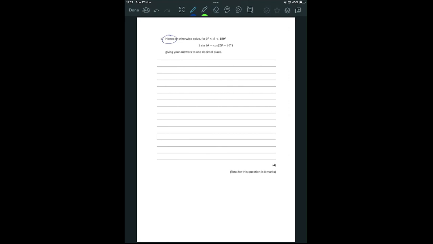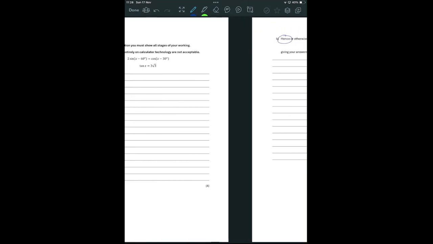Whenever the question says hence, whether you can see it or not immediately, the previous part is helpful. So something about the previous part must be exceptionally helpful for this. The previous part had that equation, yeah.